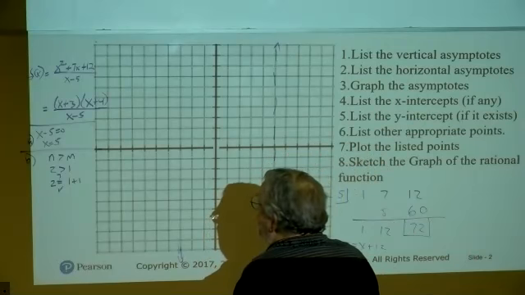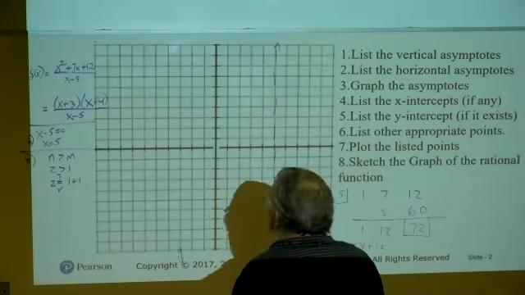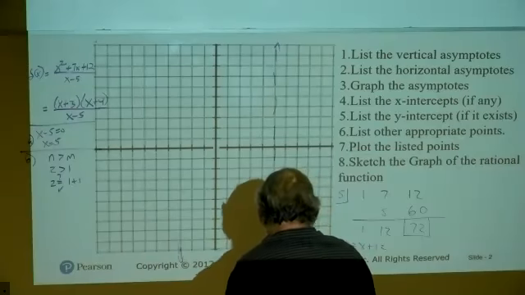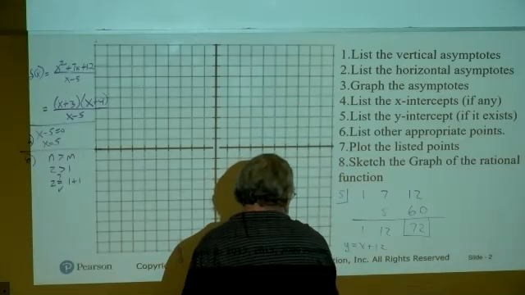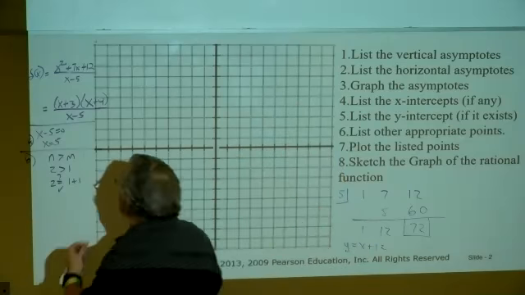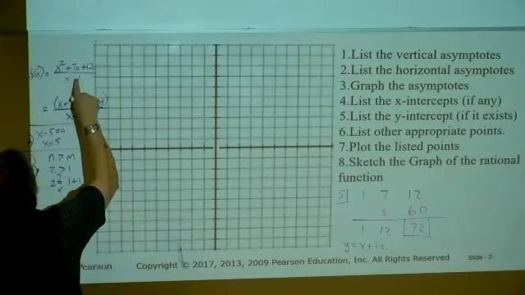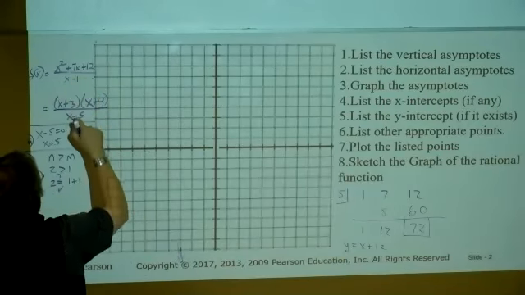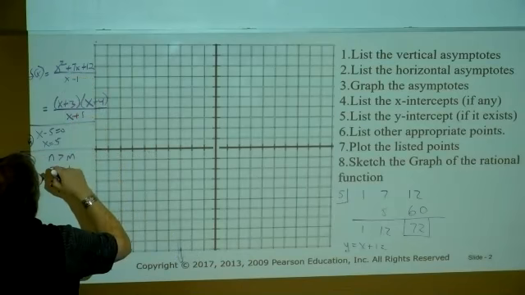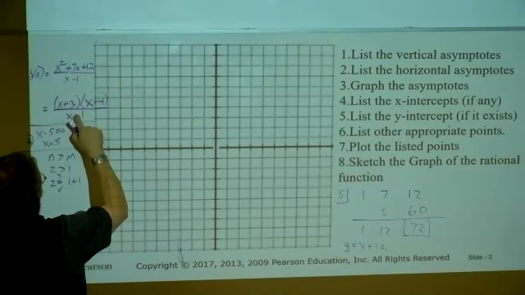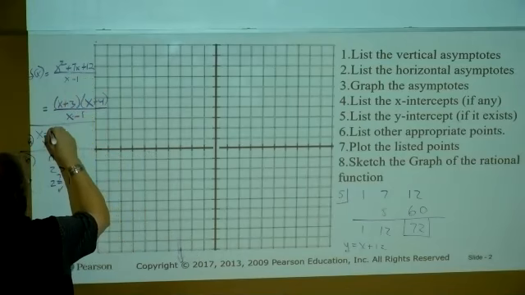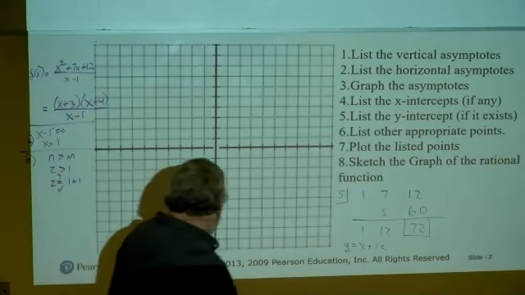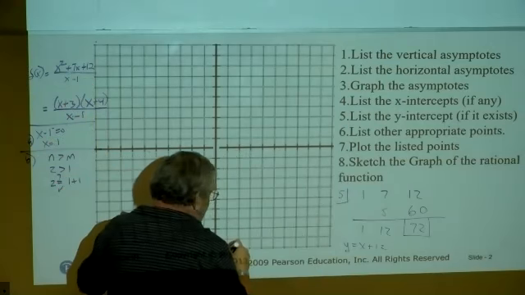So I'm going to change my vertical asymptote because I don't like that. No, I don't like what's happening. So instead of a positive 5, I'm going to make it negative 1, sorry. So instead of having a vertical asymptote at 5, I have a vertical asymptote at negative 1.